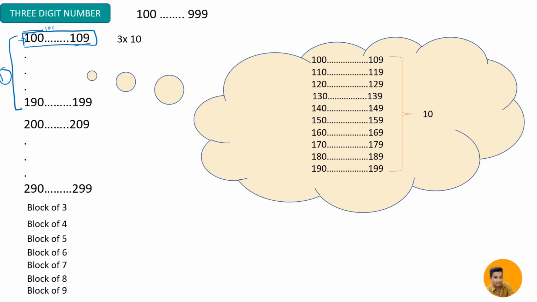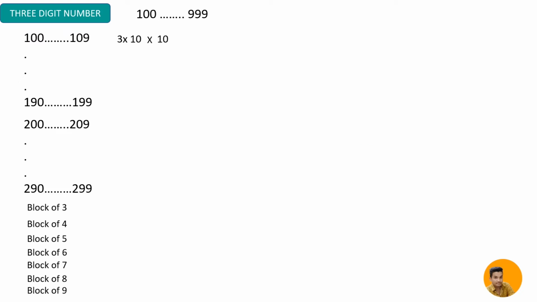This is 3 into 10 in block of 1 only, 100 to 109, then 110 to 119, 120 to 129. So there are 10 such blocks in block of 1 only: 1, 2, 3, 4, 5, 6, 7, 8, 9, and 10. So you multiply by 10.